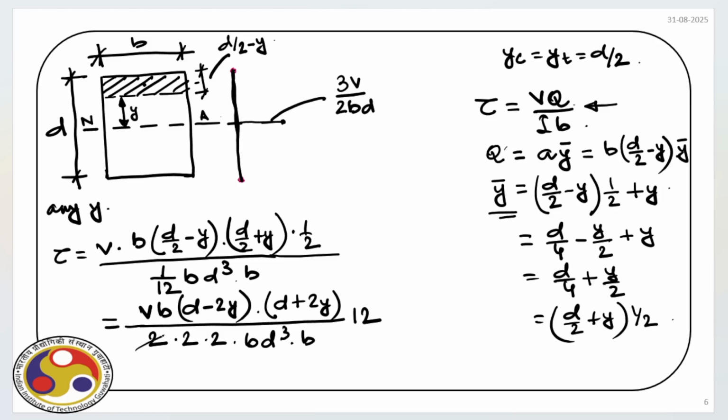Okay, so if we simplify, we have 3 here and then 2 here.